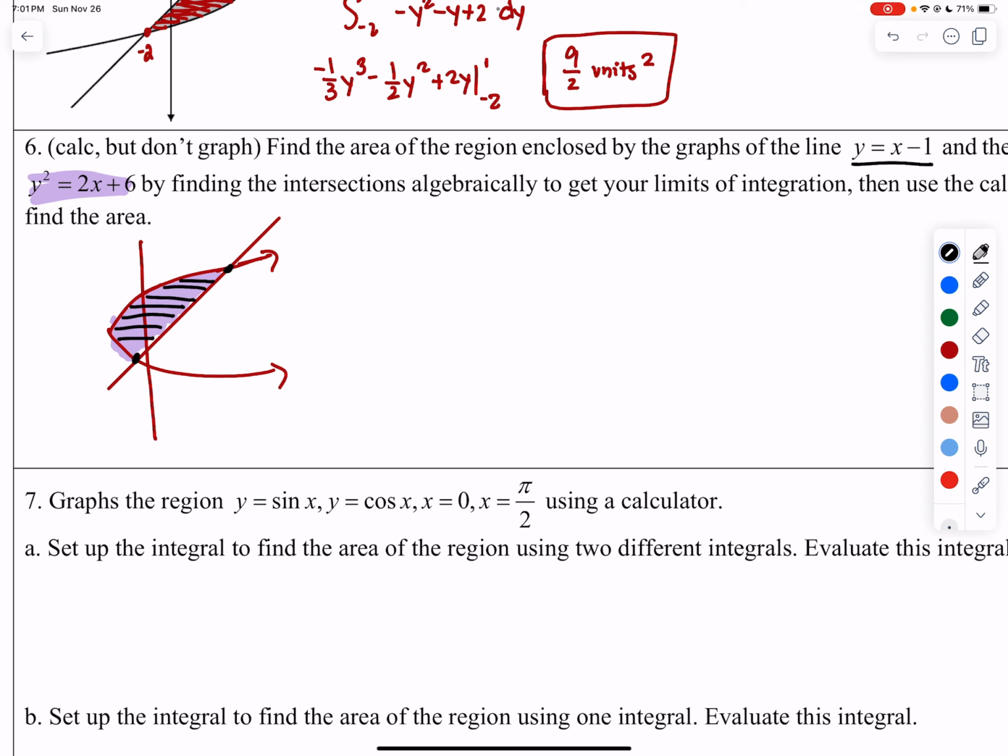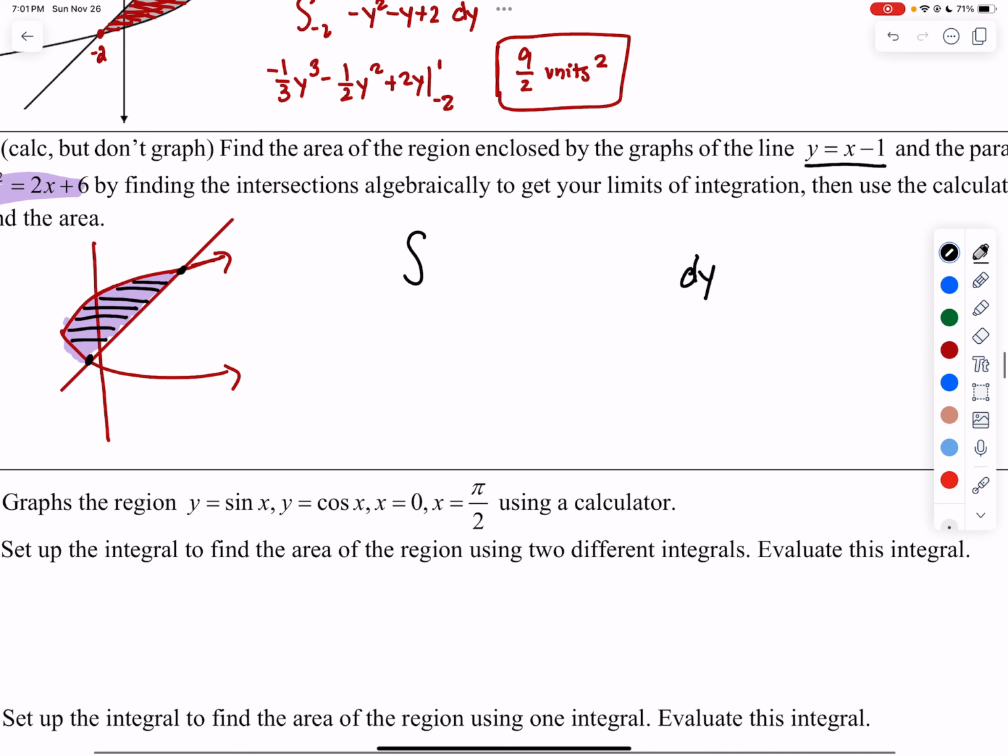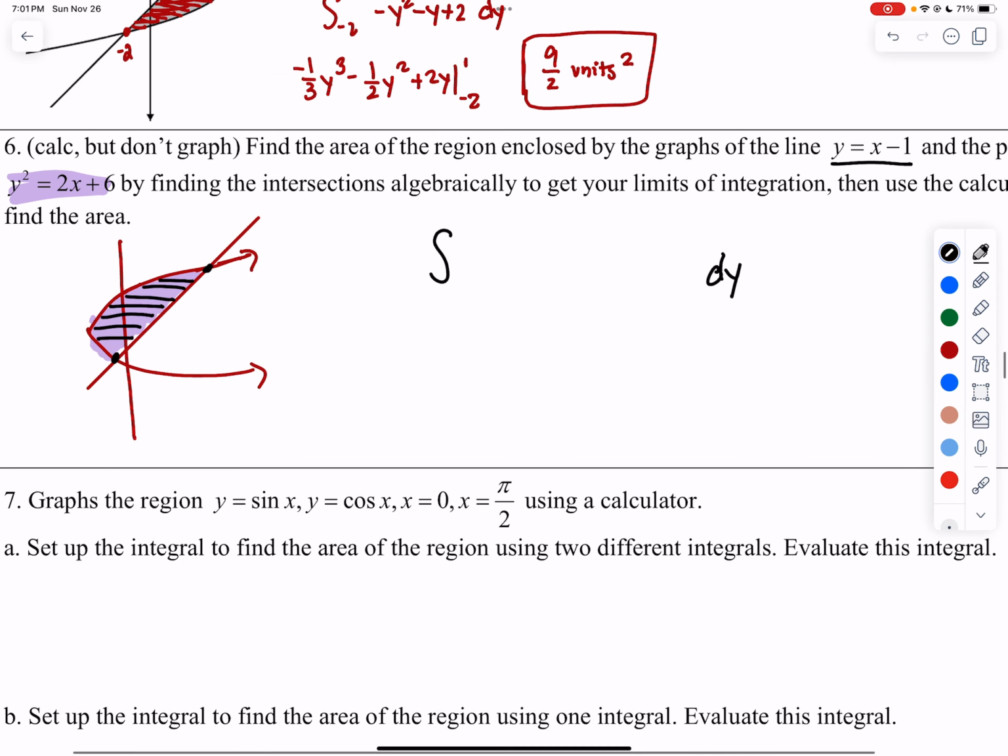Remember that this is going to be in terms of dy, so that means that my integrand should have y. So if I have y is equal to x minus 1 and y squared is equal to 2x plus 6, what I can do with y is equal to x minus 1 is square it, so that I get y squared is equal to (x minus 1) squared.